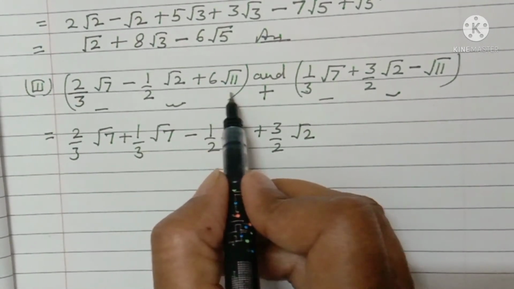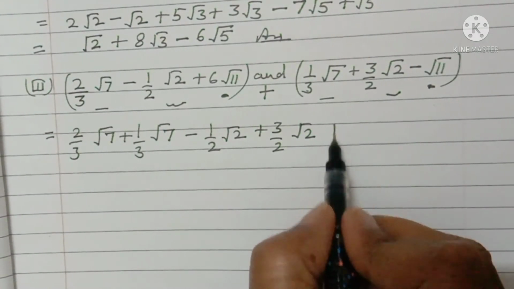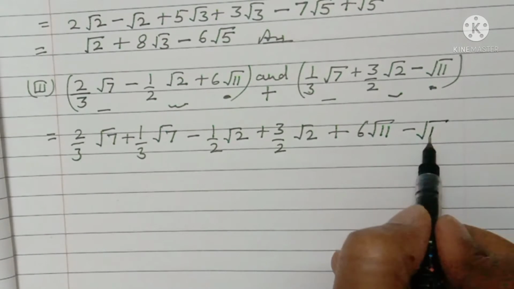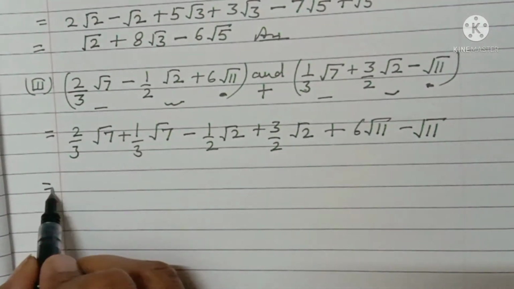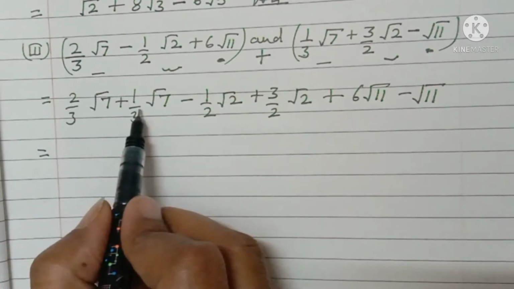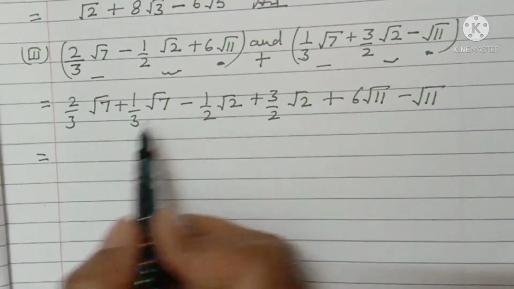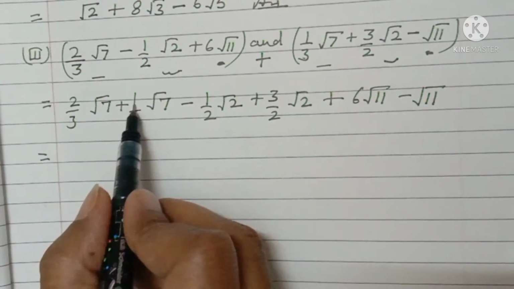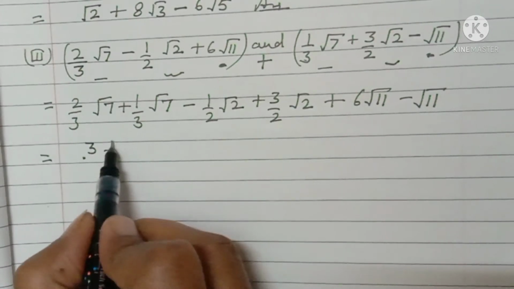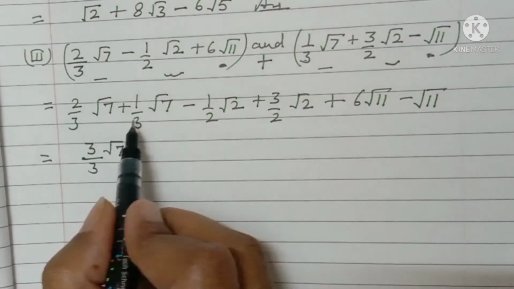Third one is root 11. This is root 11, this is also, so group together: 6 root 11 minus root 11. So this will be equal to, now here the denominators are the same, so the numerators will add easily. 2 plus 1 means this is 3 root 7, and in the denominator you will get 3.